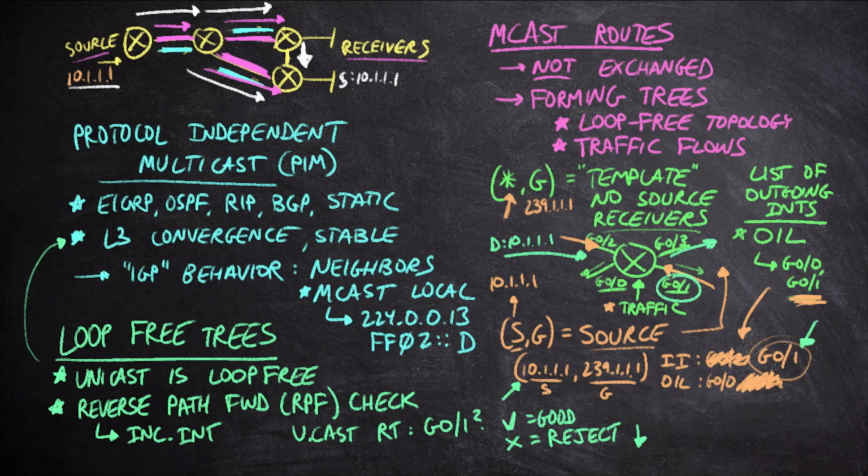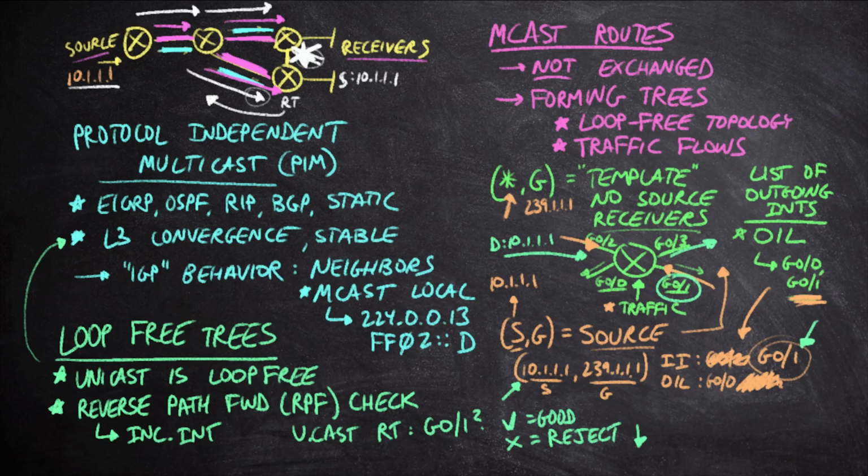But this router knows that the routing table says to send it this way. And so at that point, I have two different options to choose from. I have these two different packets showing up. I can't accept both of them. I only need one. So I'm going to check that routing table. Since the routing table says that this is the path towards 10.1.1.1, I'm going to reject the packet that's getting sent down from the other router, and that again creates that loop-free topology.